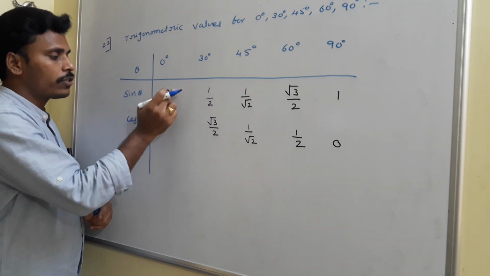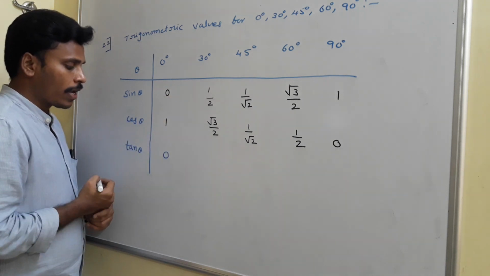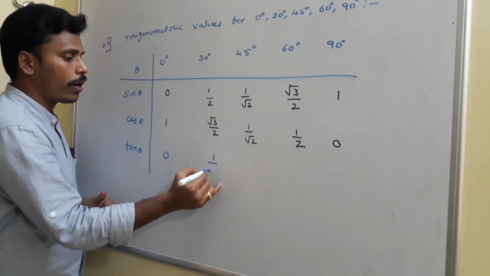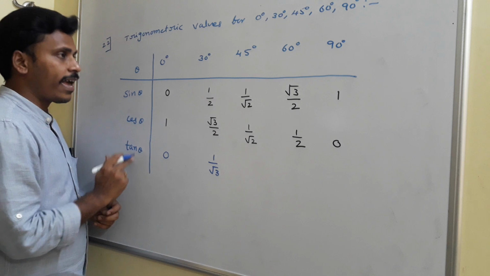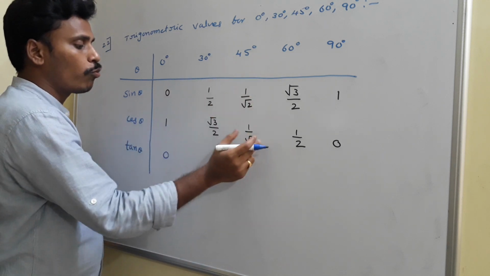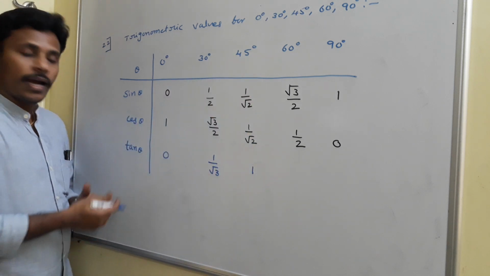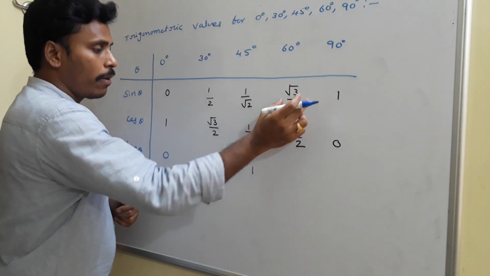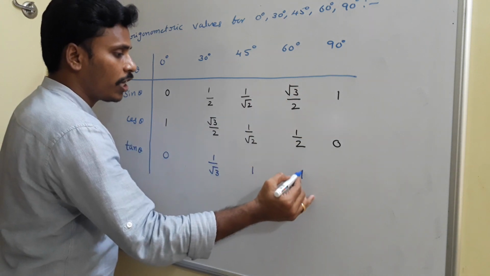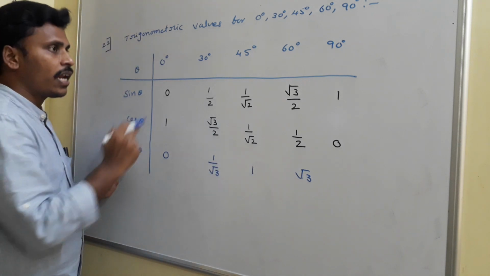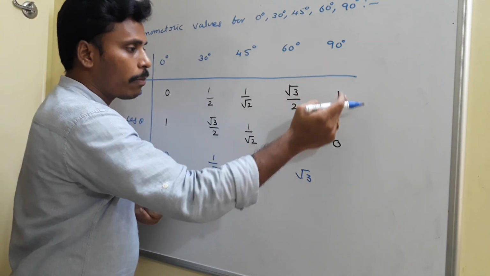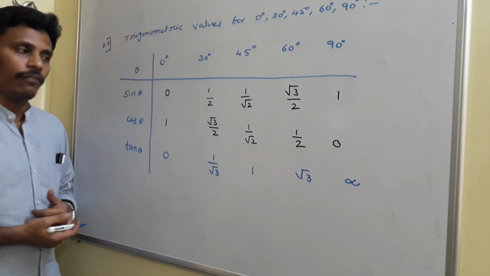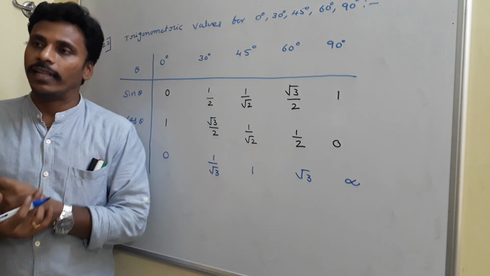Sin by cos: 0 by 1 is 0, and tan 30 degrees is sin 30 by cos 30, which is 1 by root 3. Tan 45 degrees, 1 by root 2 by 1 by root 2, is 1. Tan 60 degrees, sin 60 by cos 60, root 3 by 2 divided by 1 by 2, is just root 3. And tan 90 degrees, sin by cos, 1 by 0, is indeterminate or infinity. So these are the values of tan theta.